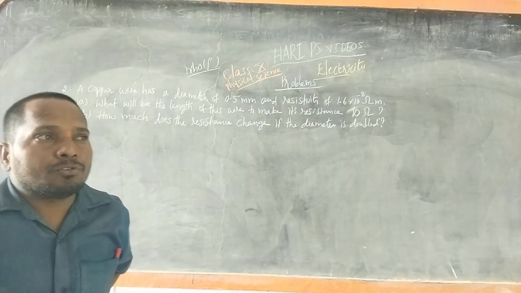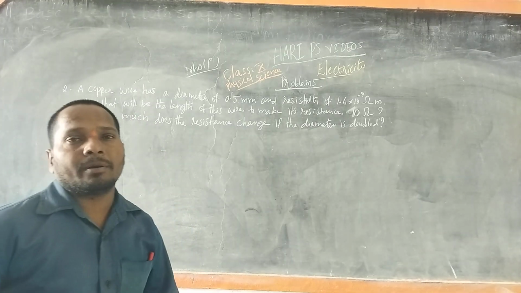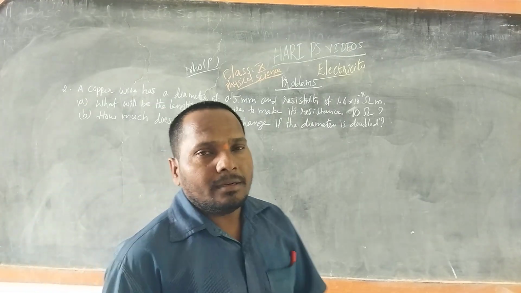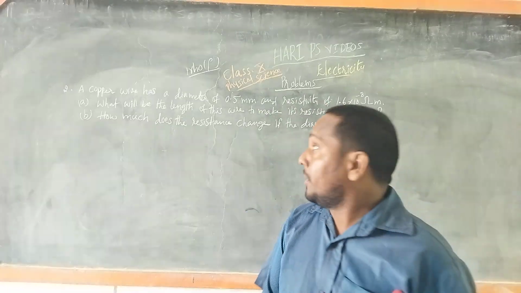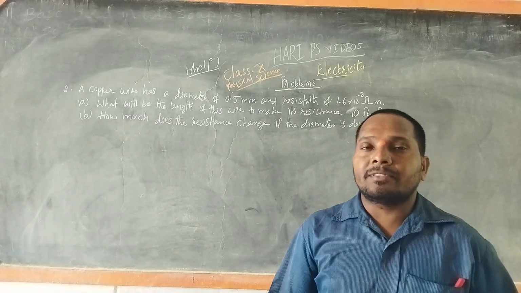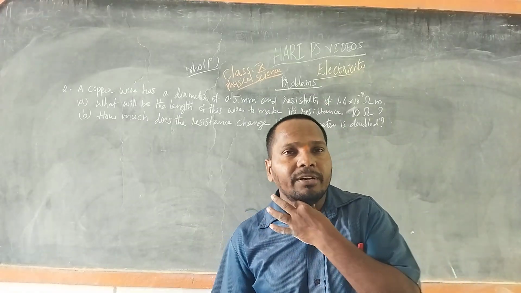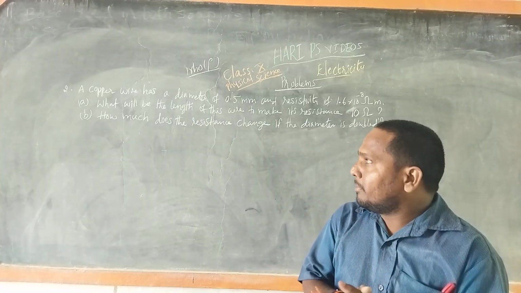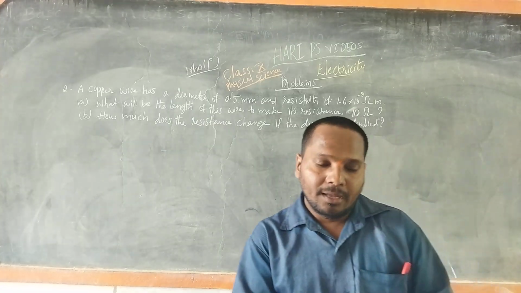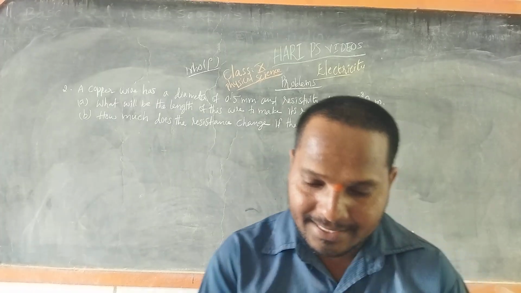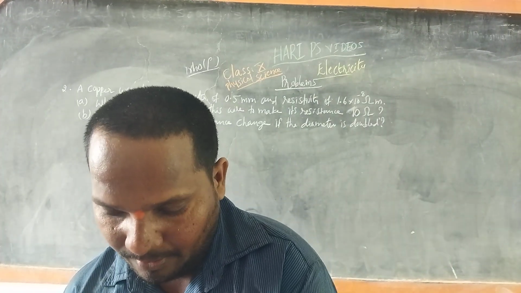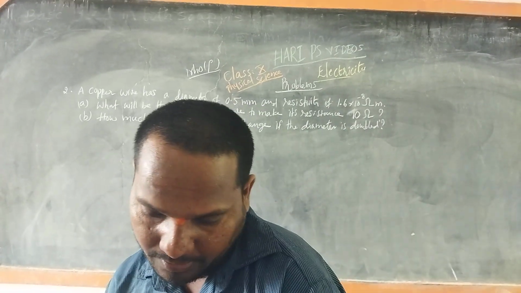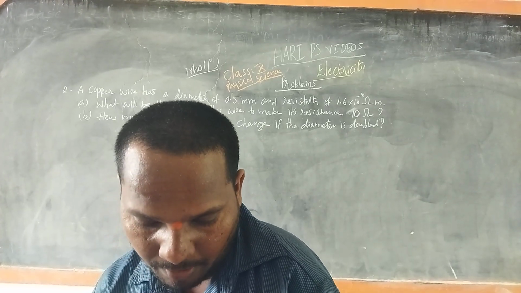So we need to find the length of the copper wire and the resistance of the copper wire if the diameter is doubled. So this problem has two parts. Let us understand and try to solve the problem.